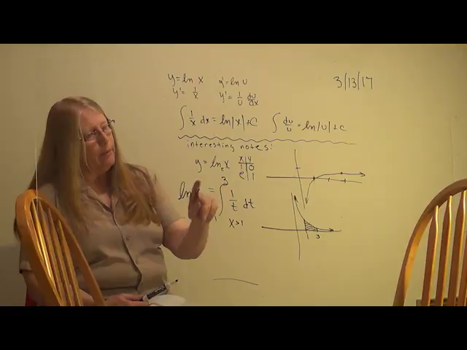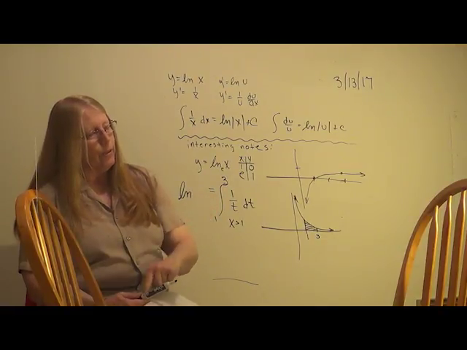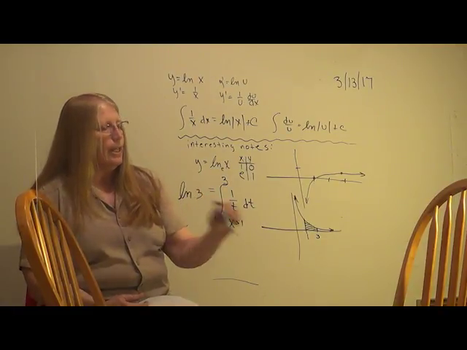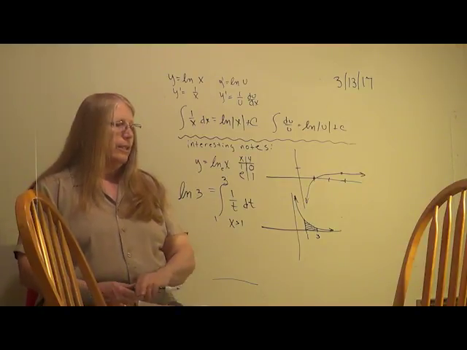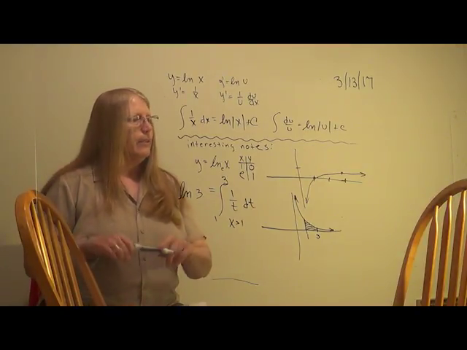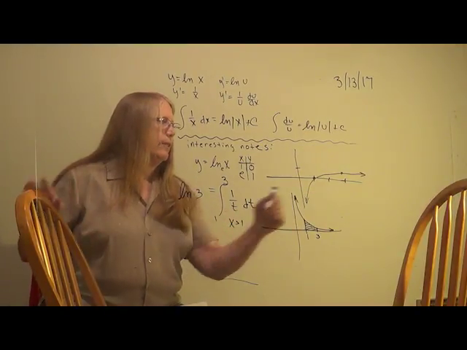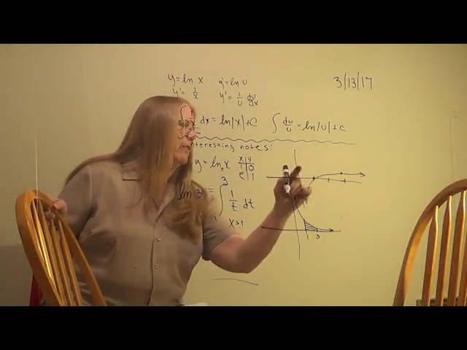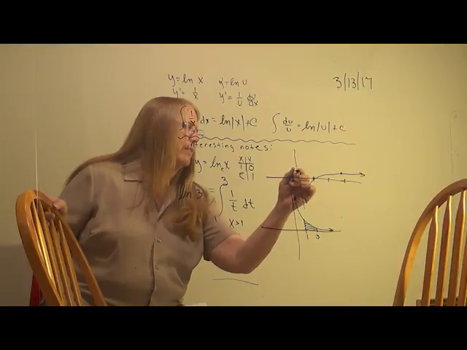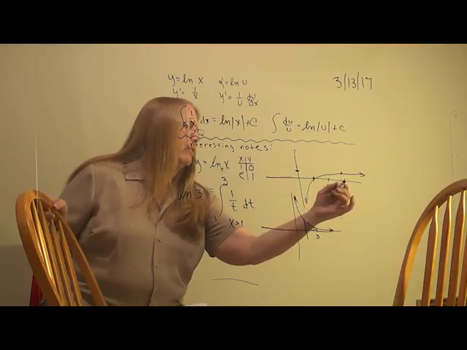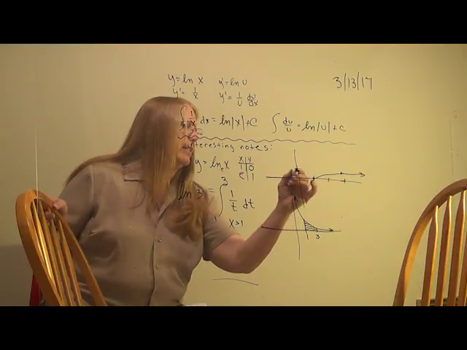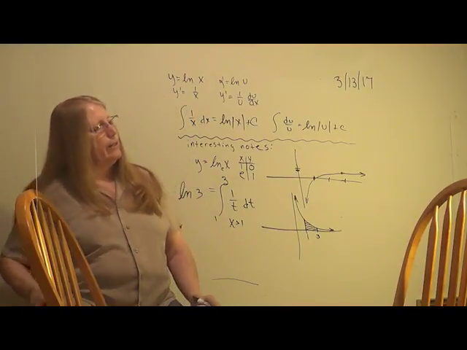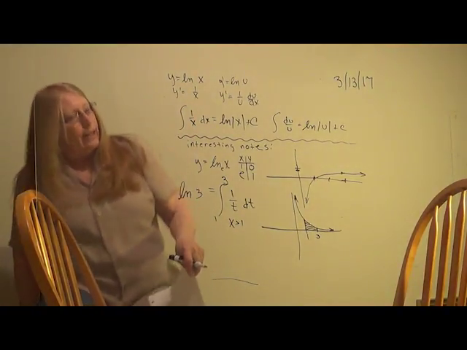So this shading in is a picture of the ln of 3. We already drew the ln graph, so this is 1, 2, 3. If I hit the 3 and go up, you can see that it's a little bit bigger than 1.